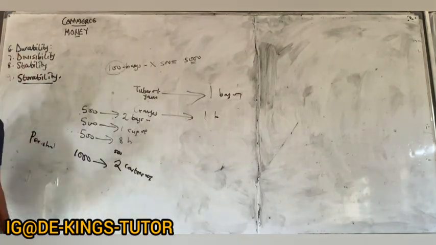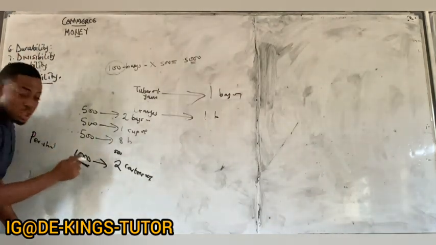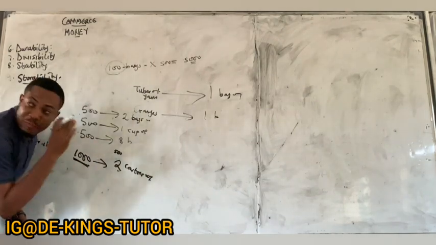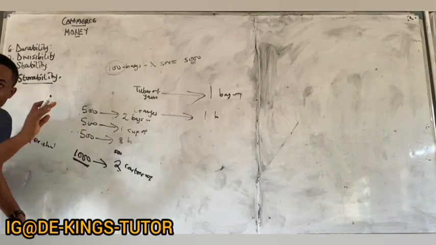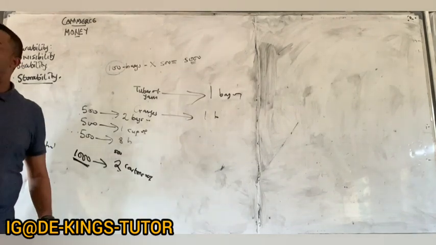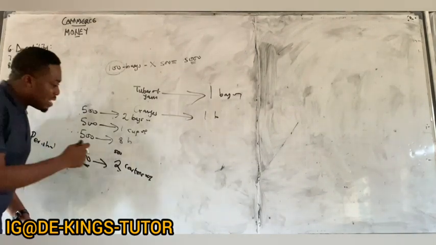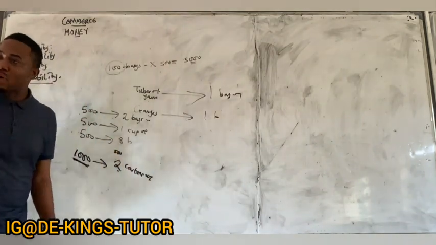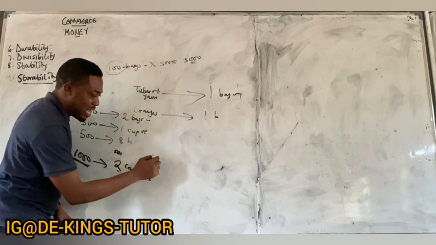So you saved this money, that is 1,000. Before inflation, you could buy 2 cartons of Indomie. Now you are storing that money, and there is a rapid increase in price. At that increase, a carton of Indomie is now 1,000.